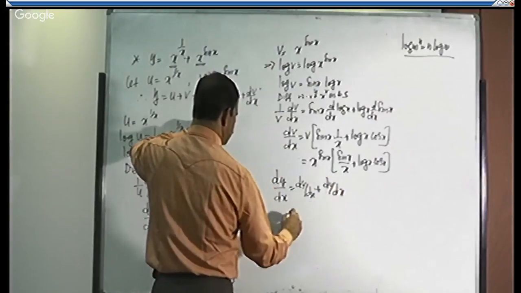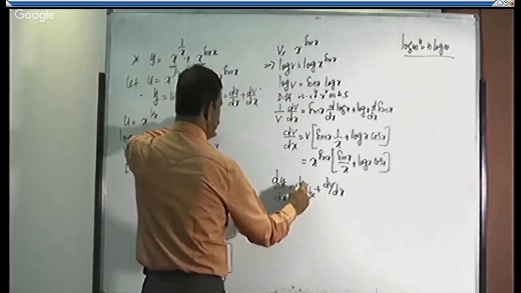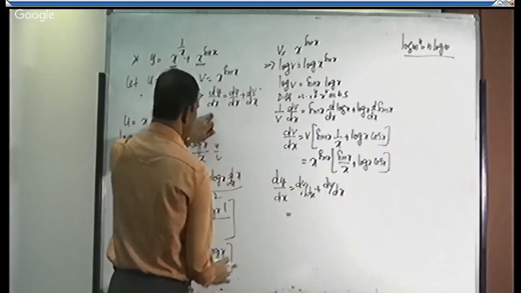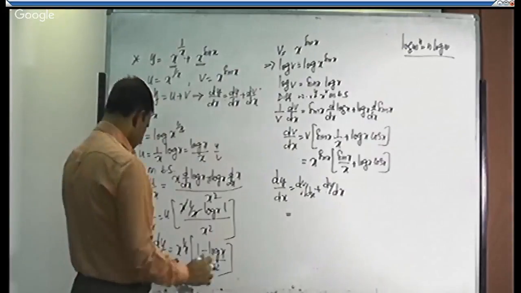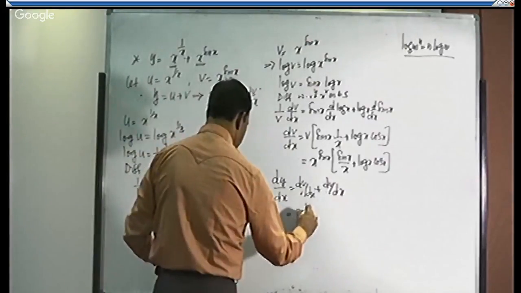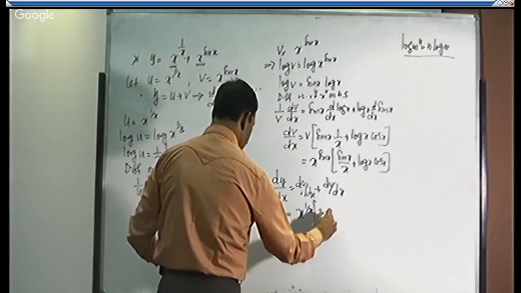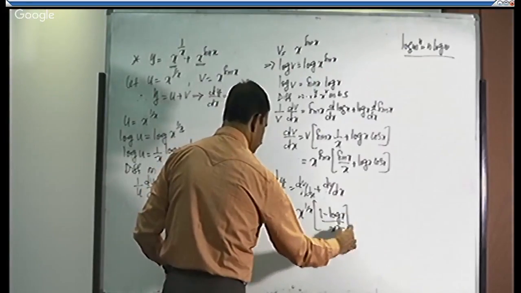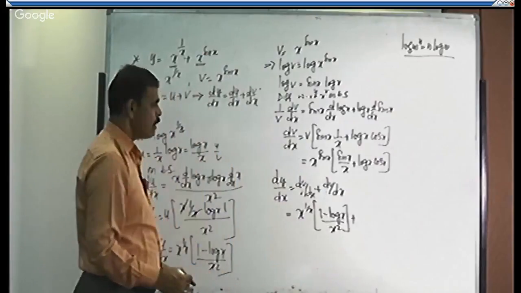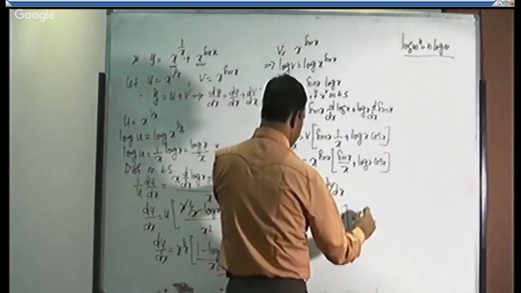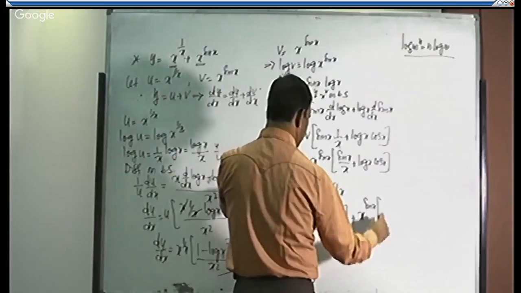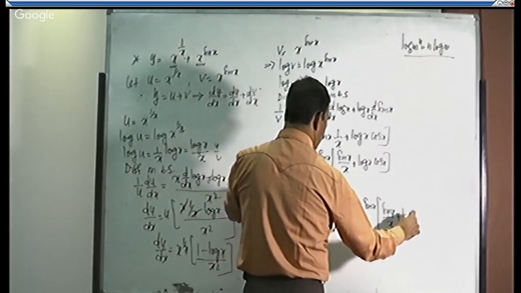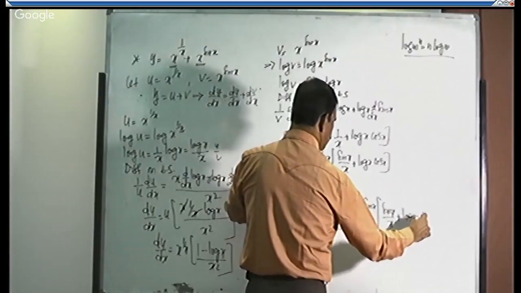It is equal to x to the power of 1 by x into 1 minus log x divided by x square, plus dv by dx, which is x to the power of sin x into sin x divided by x plus log x into cos x.